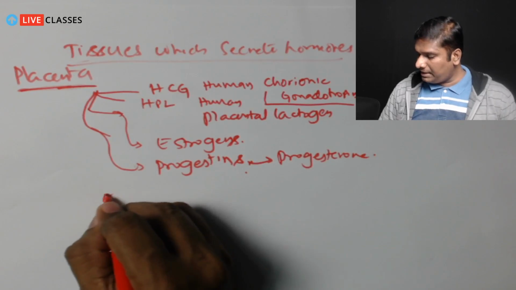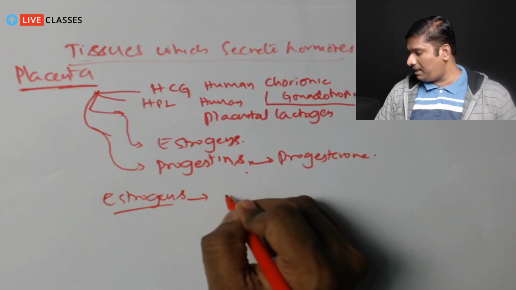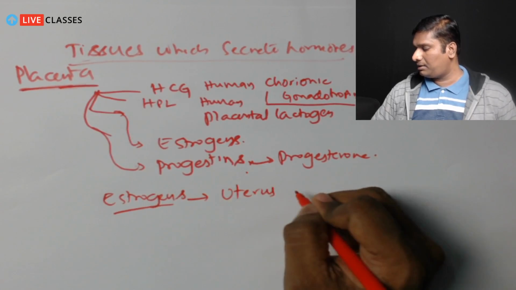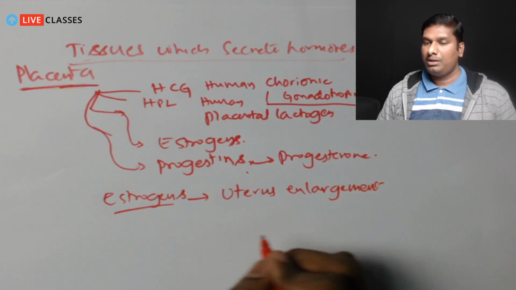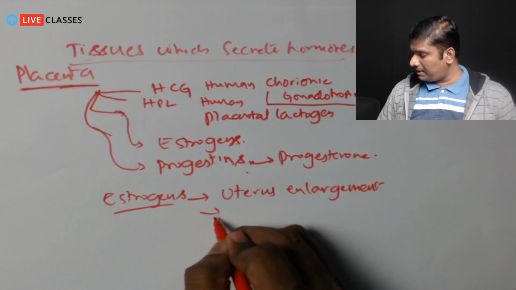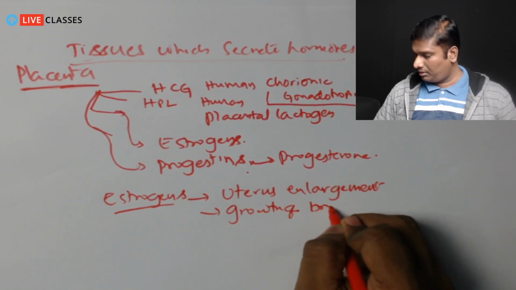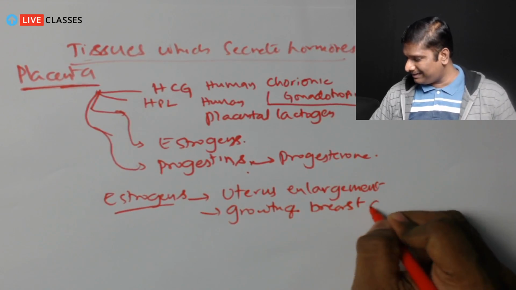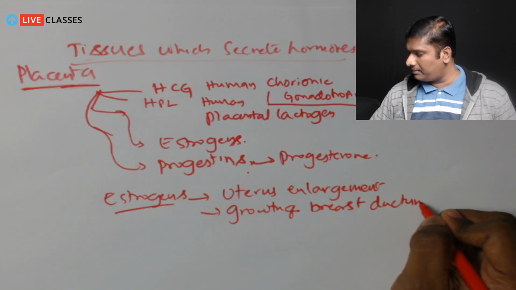Now if you take the estrogens, they help in the enlargement of the uterus, and then like I said before, growth of the breast ductal structure so that they can start secreting milk.